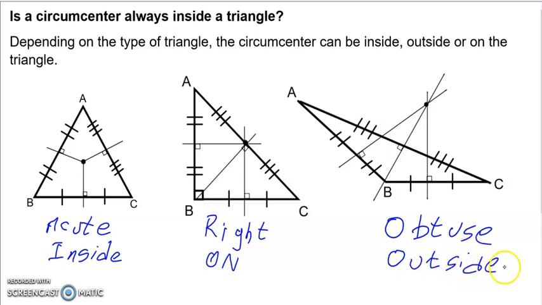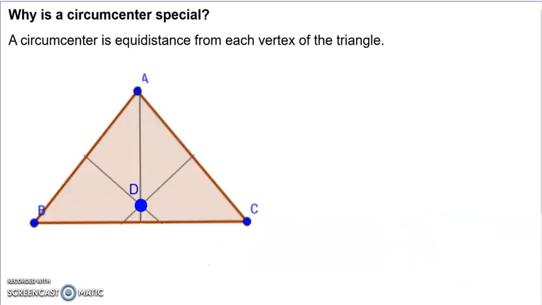You need to know these relationships when we take our Unit 5 test, so make sure you jot them down and you understand. So the circumcenter, the point of concurrency for the perpendicular bisectors, can be inside the triangle, on the triangle, or outside of the triangle.